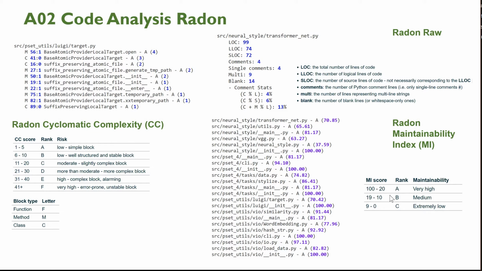I think this one is a little bit too forgiving, because going from 100 to 20 is very hard. So it's very pleasing for myself to see that all my tools are highly maintainable.